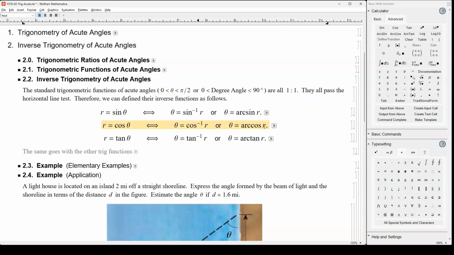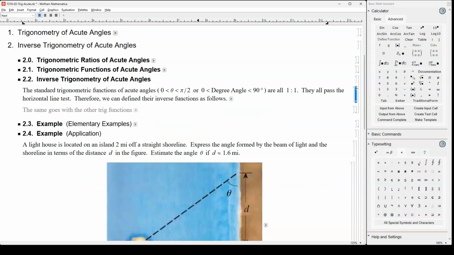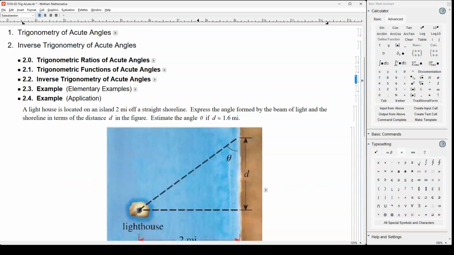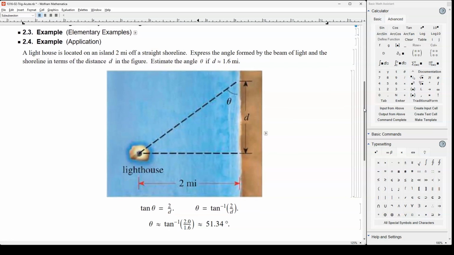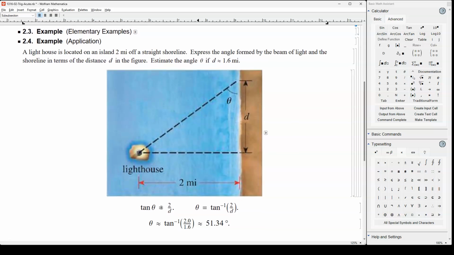Inverse cosine, arccosine, they're the same. Inverse tangent and arctangent, they're the same. It's just that in Wolfram Mathematica, it is set up as arcsine, arccosine, arctangent. So I use the arc expression there. And depending upon the setting of your calculator, you're going to see either this inverse expression or arc expression.